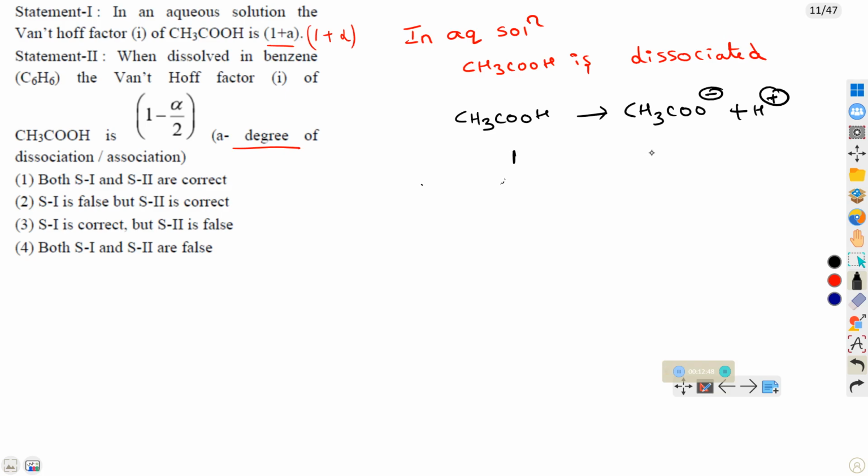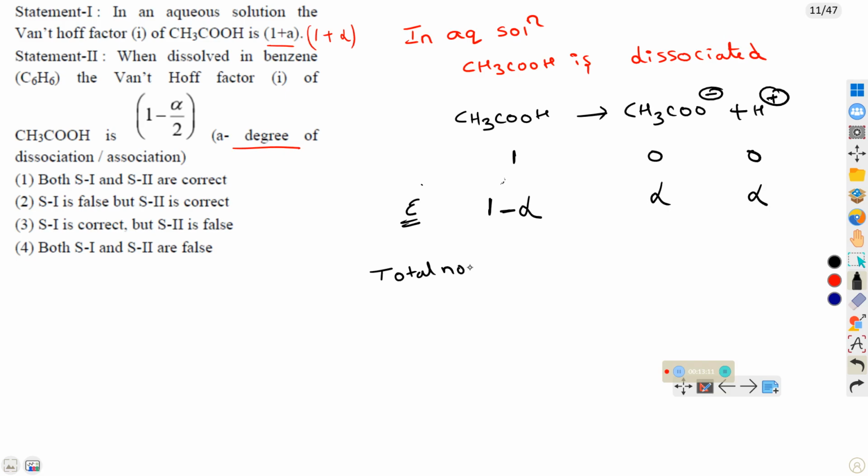Initially 1, 0, 0. Initially only reactants are present, products are absent, so reactant concentration is assumed as 1 and products concentration as 0. At equilibrium, suppose alpha amount of the substance is dissociated: 1 minus alpha, alpha, alpha.